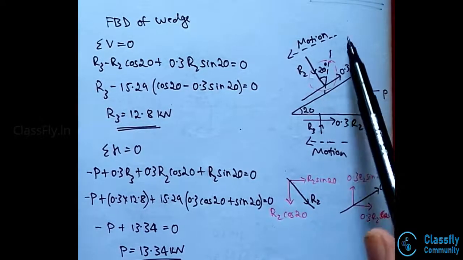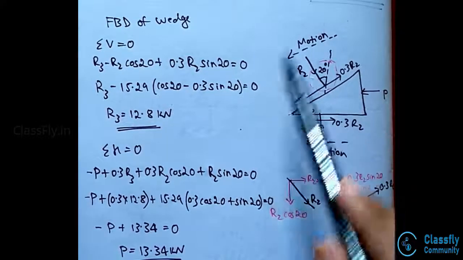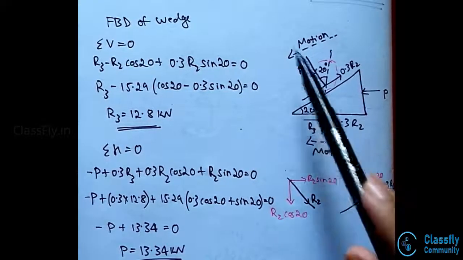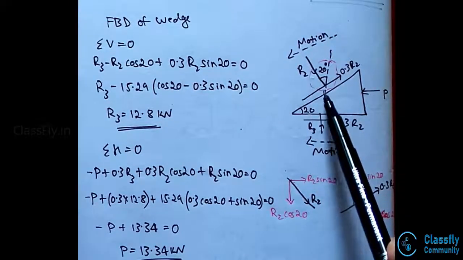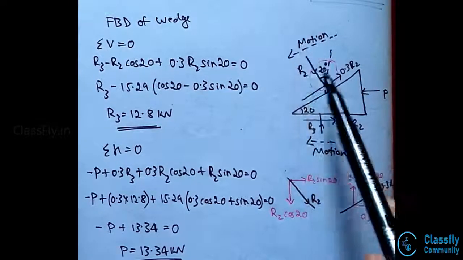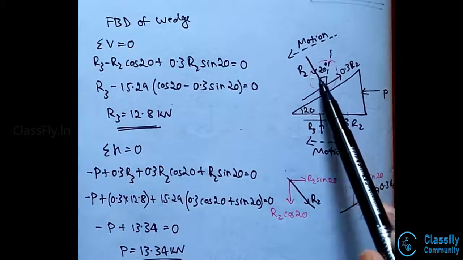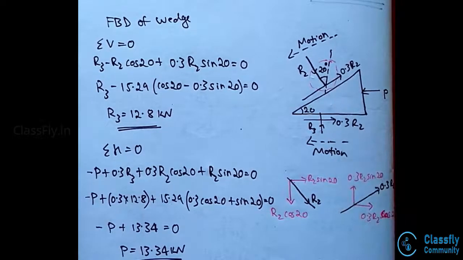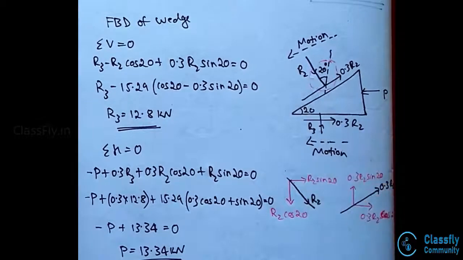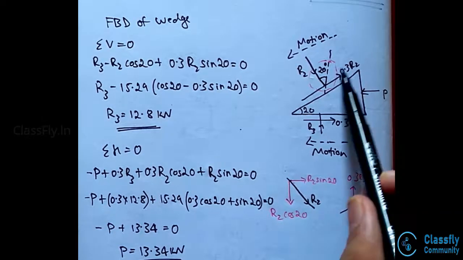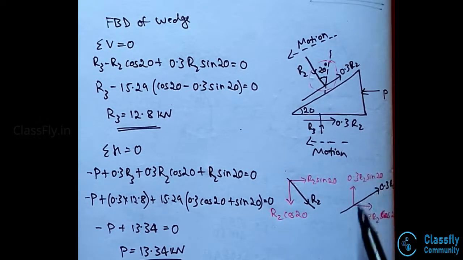Similarly, due to its motion along the inclined plane, there will be a frictional force opposite to that of the motion 0.3 R2, and also a reaction force due to the contact with the body, that is R2, will act at an angle of 20 degrees to the vertical axis. Hence, now resolving the components in the circular area, we have the components for the force R2 to be R2 sin 20 and R2 cos 20, and for 0.3 R2 to be 0.3 R2 sin 20, 0.3 R2 cos 20.